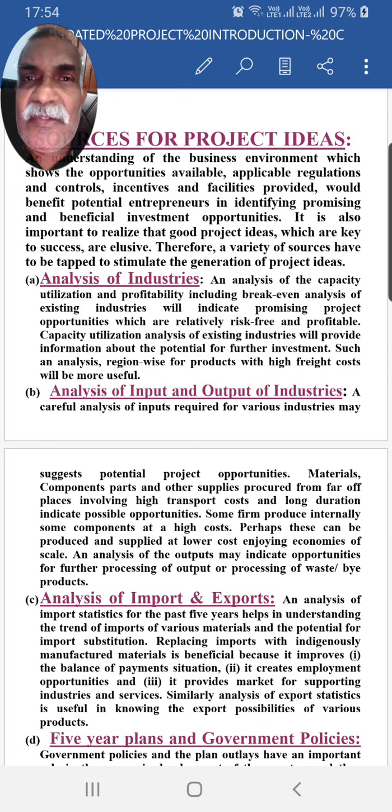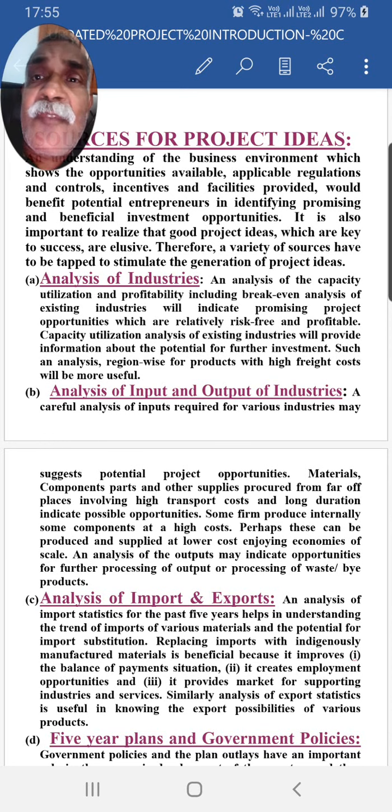So if the material or component parts and the supplies you procure from far off places, like if we produce some product with the help of makhana in South India, where makhana is not available. Makhana is generally available in Bihar.